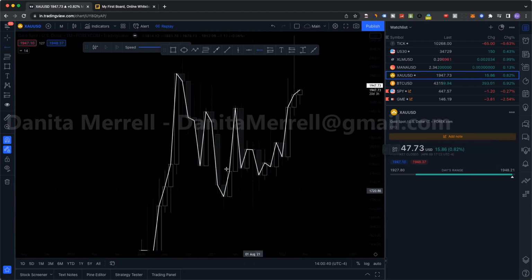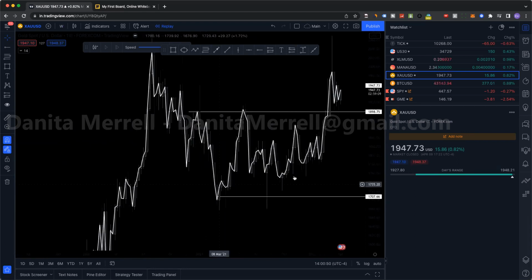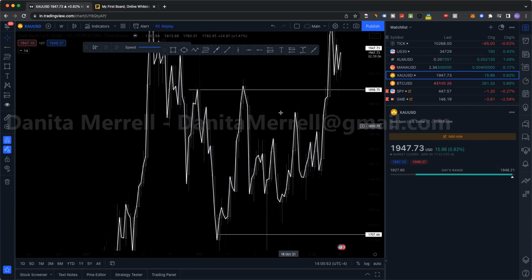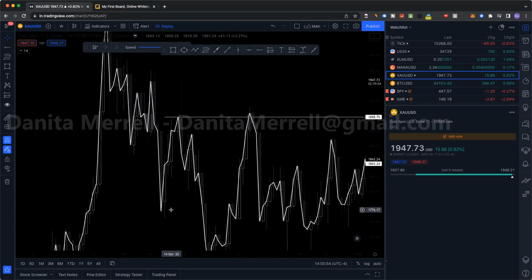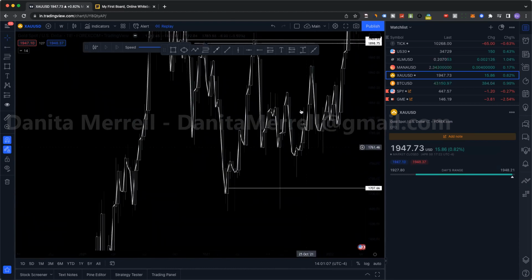So for example, we have this monthly resistance and this monthly support, okay? And price traded up into that. Let's look at our weekly. Okay, we also have this weekly QM that price traded to, came back down and found our weekly level.